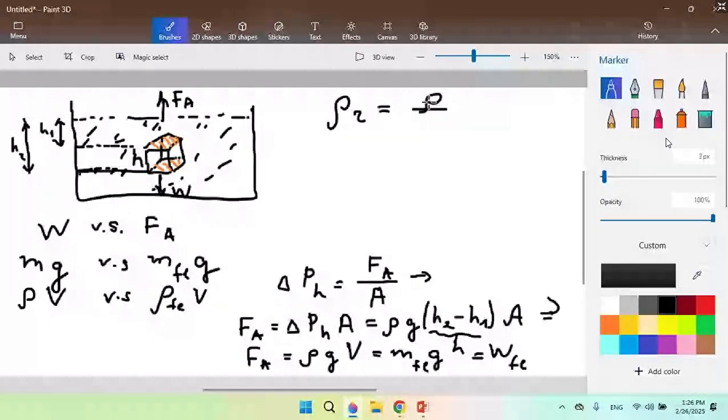This is the density of the object and the density of the fluid being considered. Specific gravity or relative density is a dimensionless quantity. Let us see the picture now.